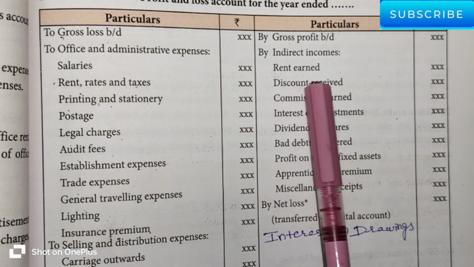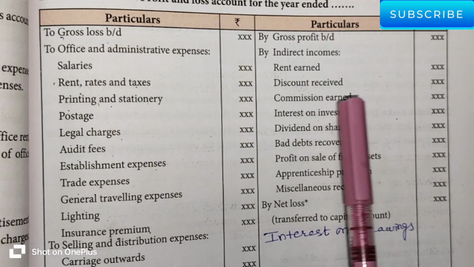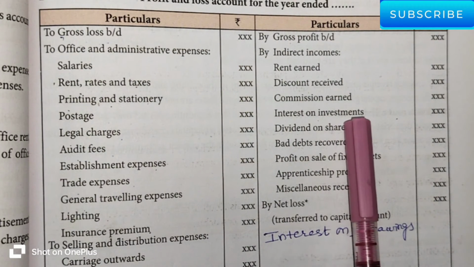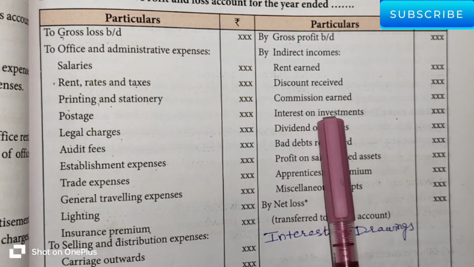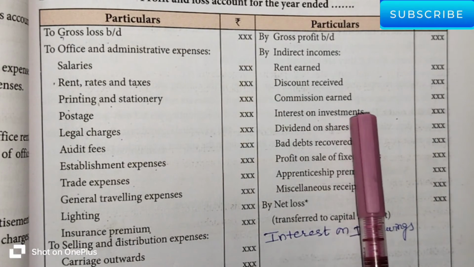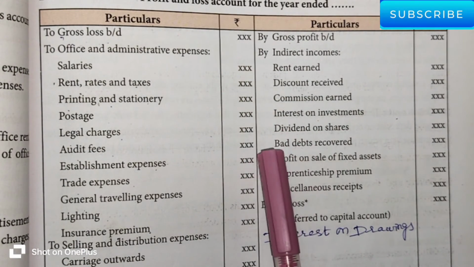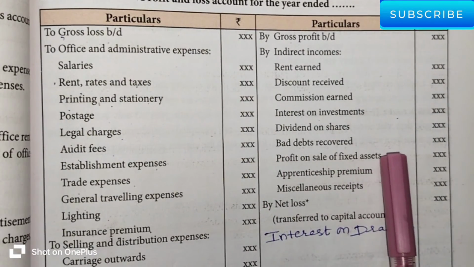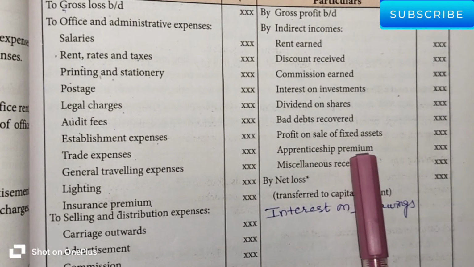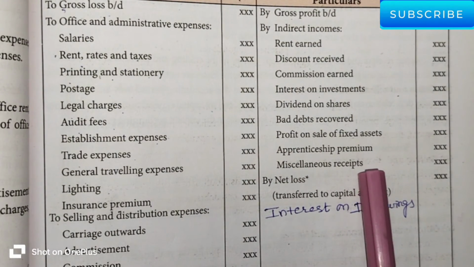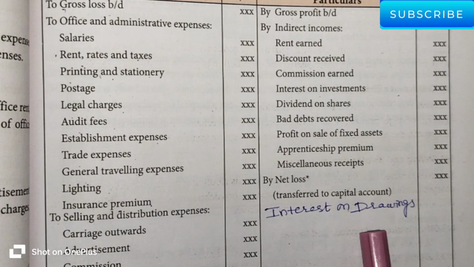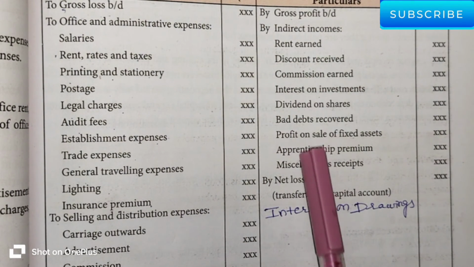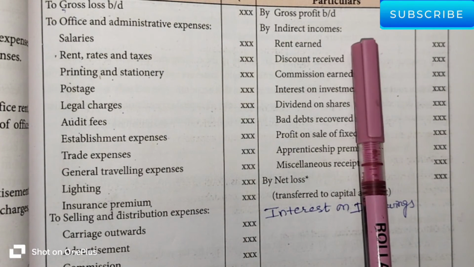Rent earned, discount received, commission earned, interest on investment, which means investment is an asset, so from your asset you have received interest, called interest on investment, dividend on shares, bad debts recovered, profit on sale of fixed asset, apprenticeship premium, miscellaneous receipt, interest on drawings. All these items we call indirect income or gain.